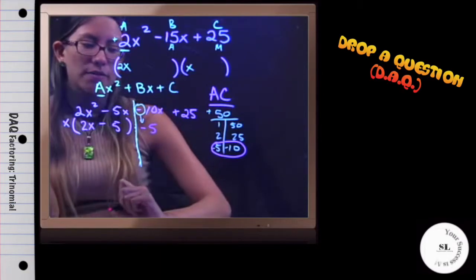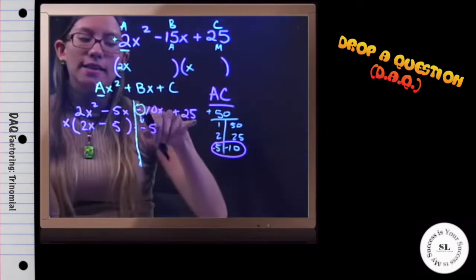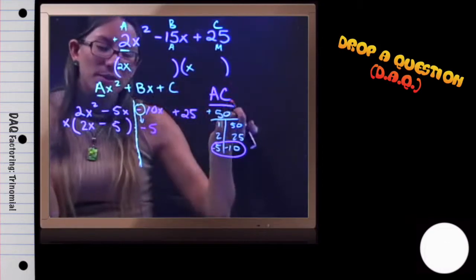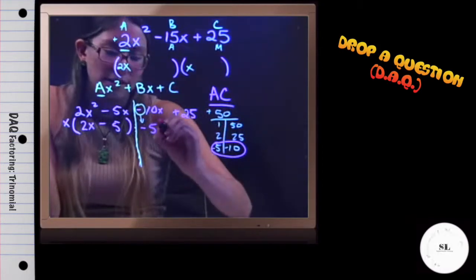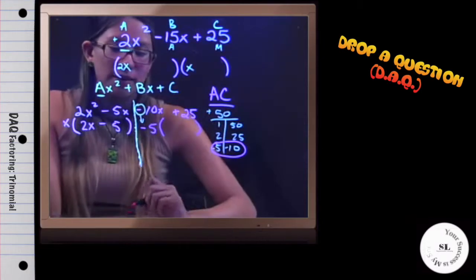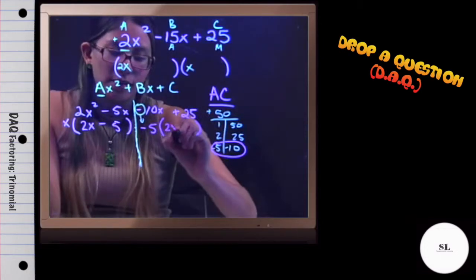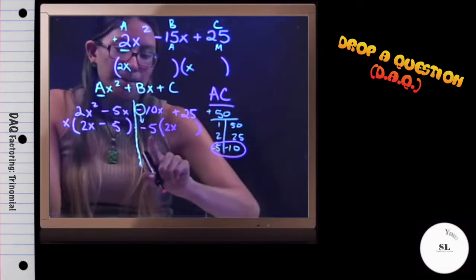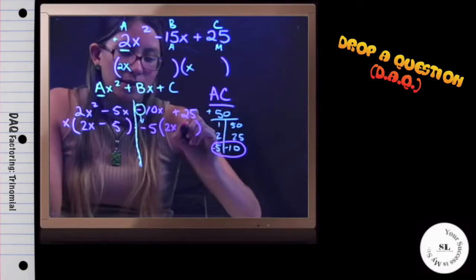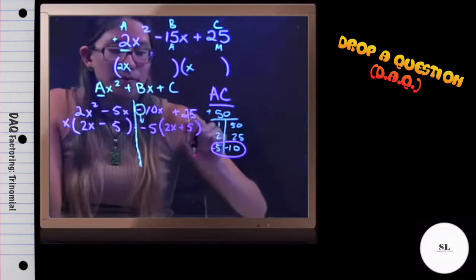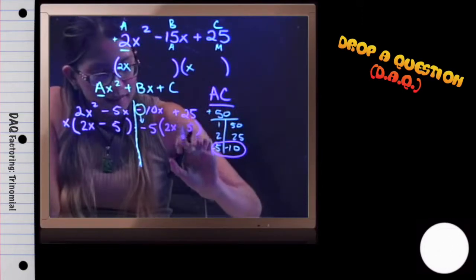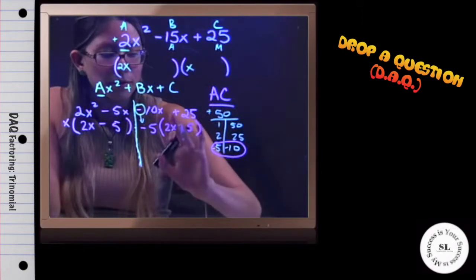So we can factor out a 5, 10x, but 25 has no x, so we can't take out an x. The only thing we can take out is a 5. And now whatever's left over, negative 5 times 2x will give us negative 10x. And then negative 5 times negative 5 will give us a positive 25 again.